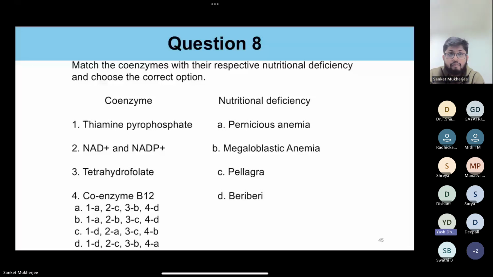D. Yeah, D is the right answer, where thiamine pyrophosphate deficiency will cause beriberi, and NAD plus, NADP plus deficiency would cause pellagra. Tetrahydrofolate deficiency will cause megaloblastic anemia, and coenzyme B12, vitamin B12 deficiency will cause pernicious anemia.